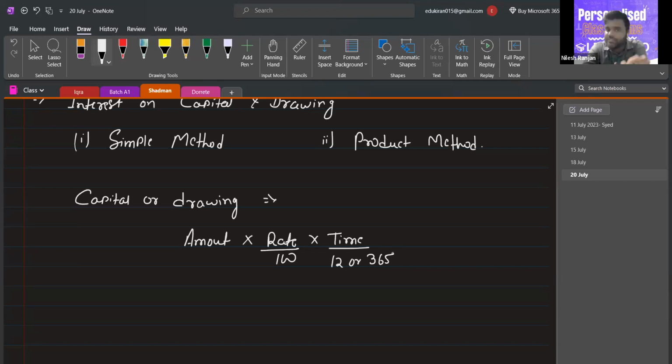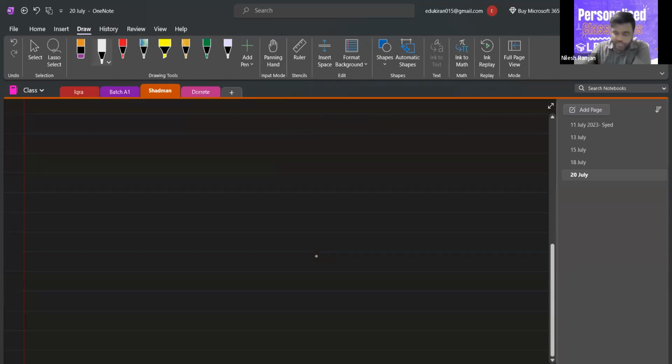We can use this method in some of the other situations also, but for using simple method, the once situation is better. So if we have done only one drawing, we have introduced only one time capital, then we will use simple method. Okay, sir.